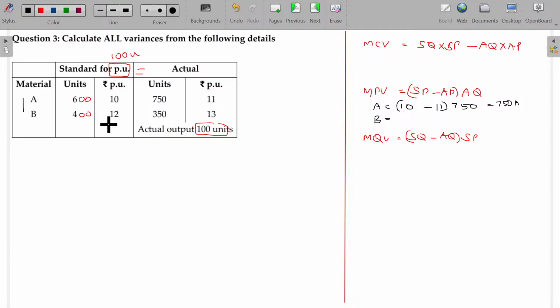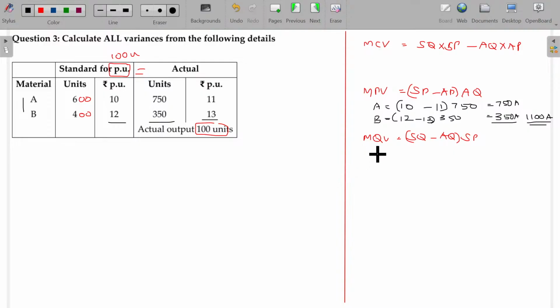Similarly for B, 12 and 13, you paid 1 rupee excess for an actual quantity of 350 units. So 350 excess is adverse. 1,100 being the overall adverse here. You have to finalize this.